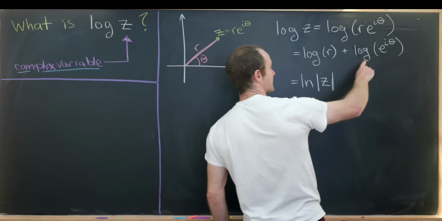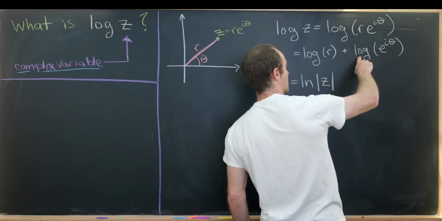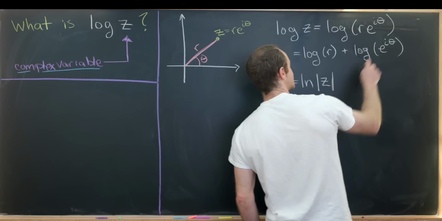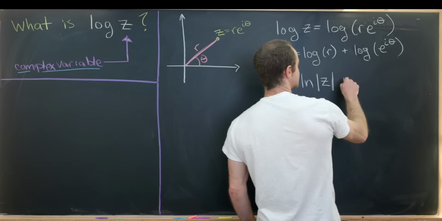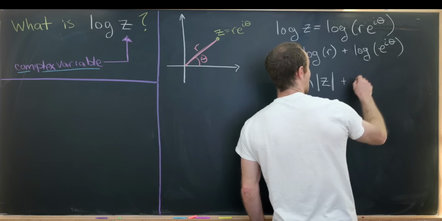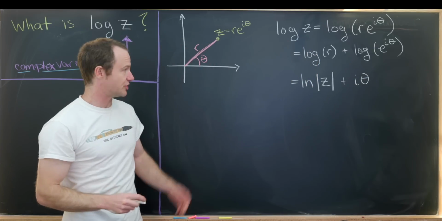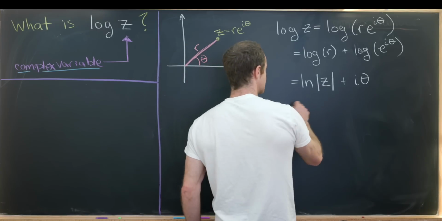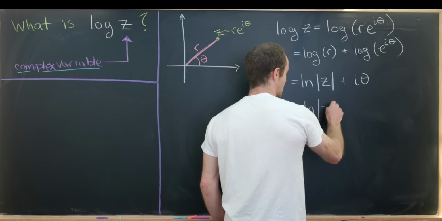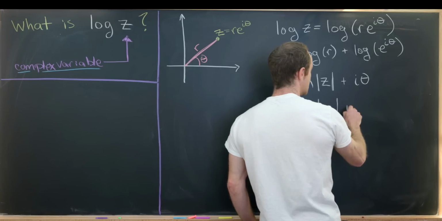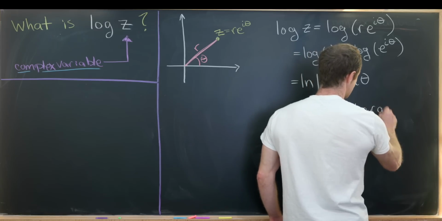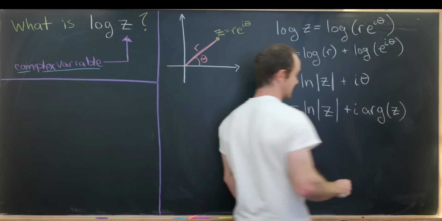Great. And then from here, I can use the fact that this log and this exponential cancel each other. So this gives us plus i times theta. But notice theta is the argument of the complex number. So we can write this as the natural log of the modulus of z plus i times the argument of z.